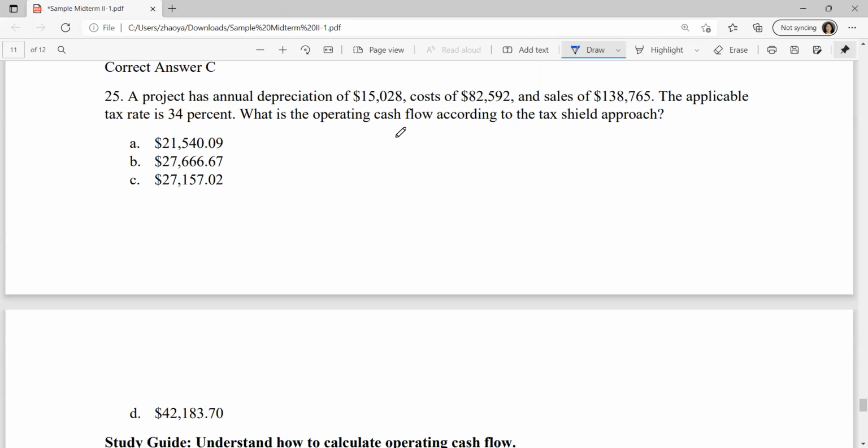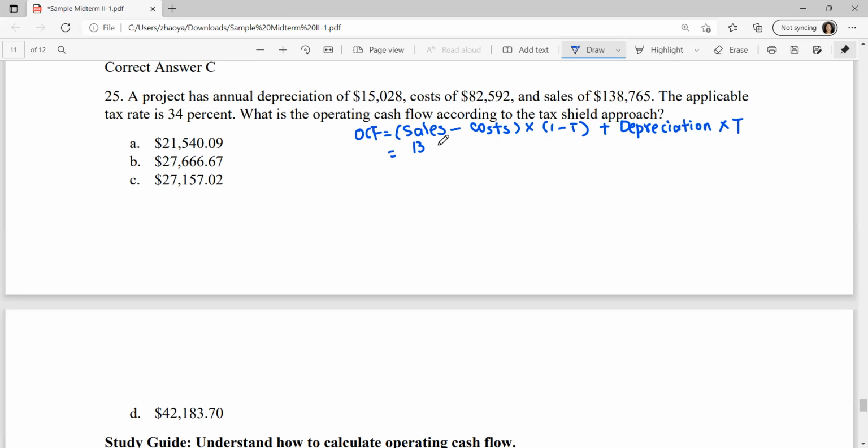So operating cash flow equals sales minus costs, times 1 minus tax, plus depreciation times tax.